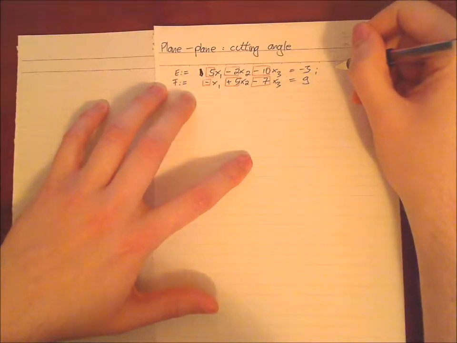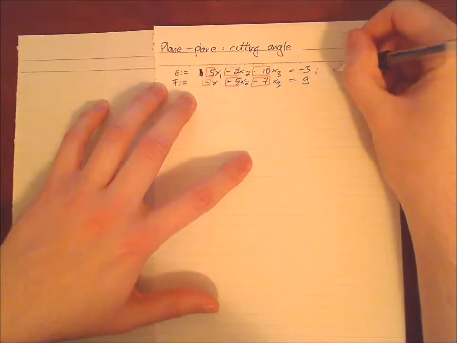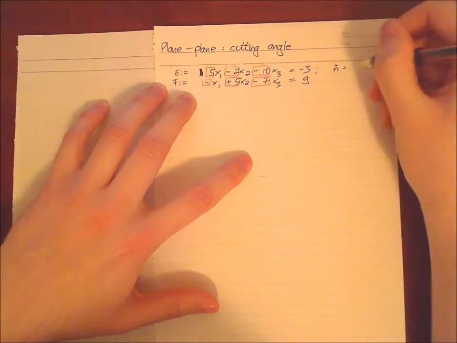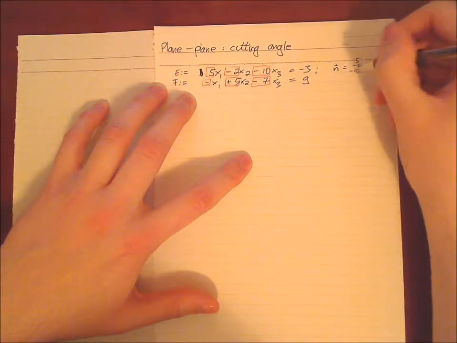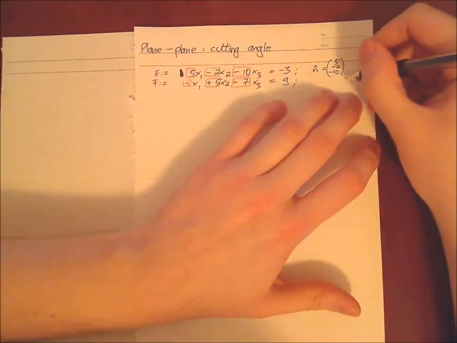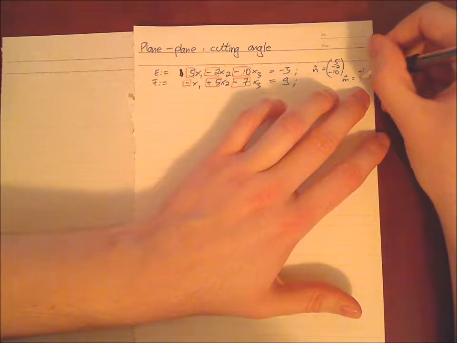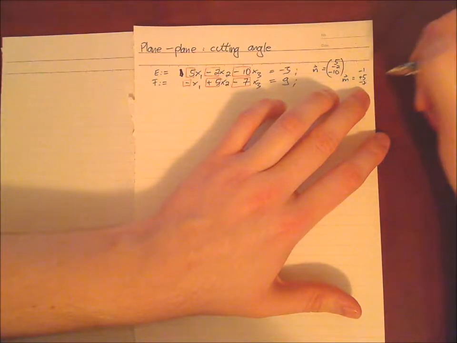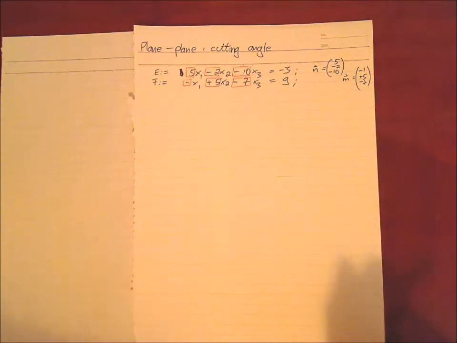I call one normal vector n, and it is (5, minus 2, minus 10), just read the coefficients. The other one I call m, and it is (minus 1, 5, minus 7). So easy. Two normal vectors now.